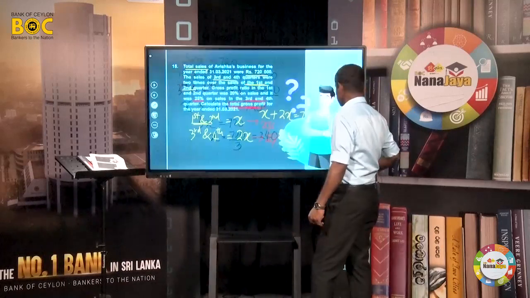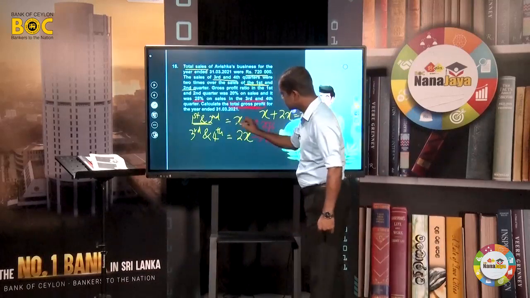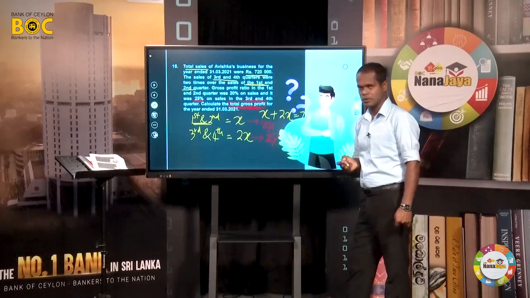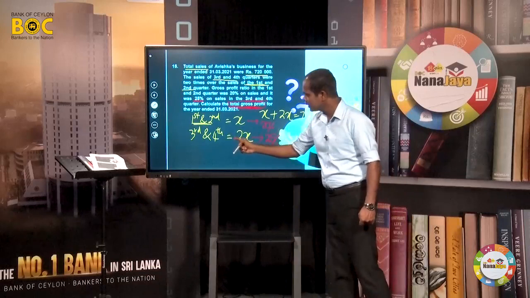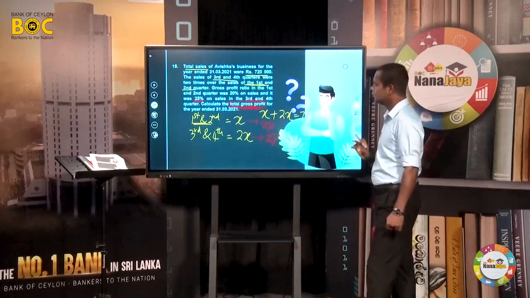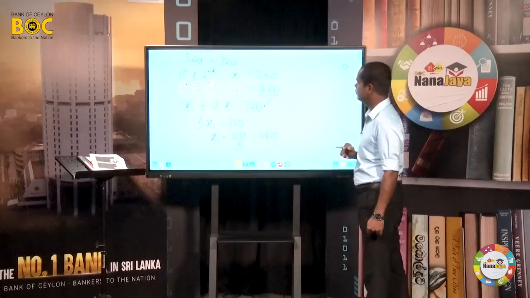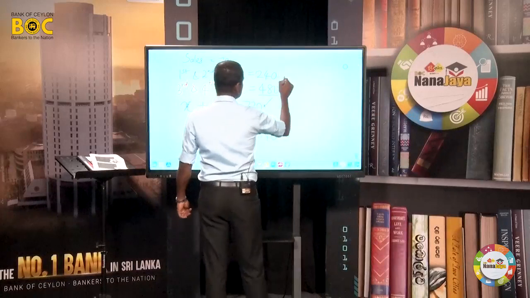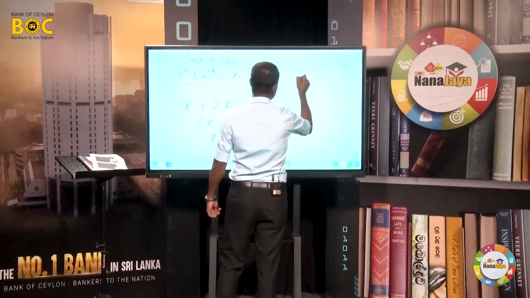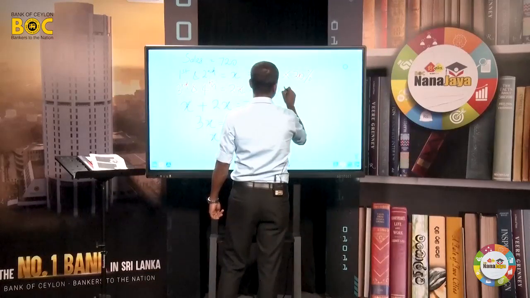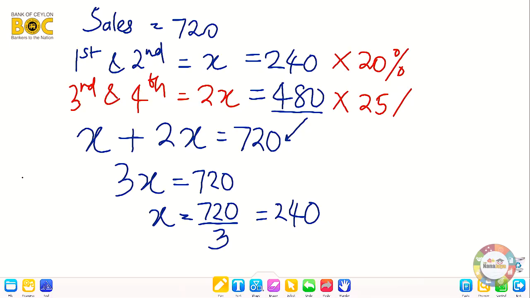Previously, the first and second quarter profit percentage is 20%. The third and fourth quarter profit is 25%. So this is into 20% profit, and this is into 25% profit.